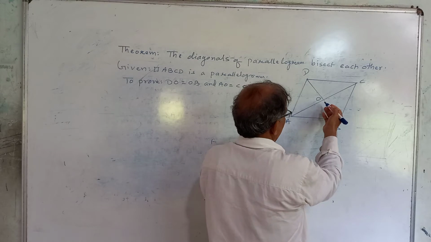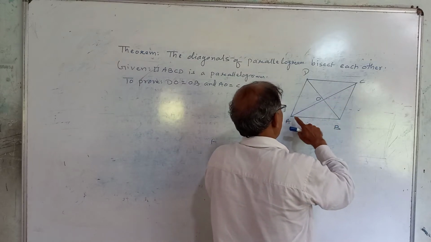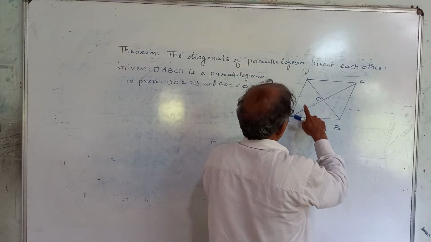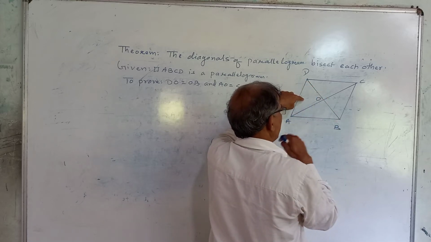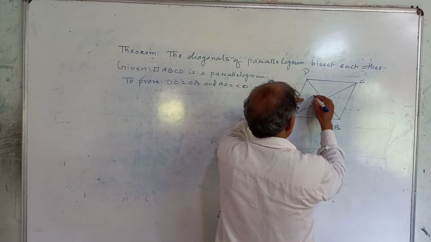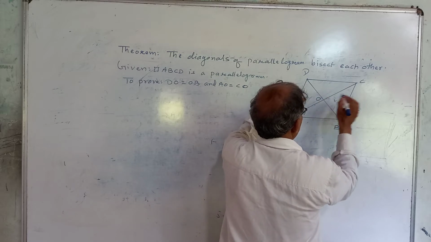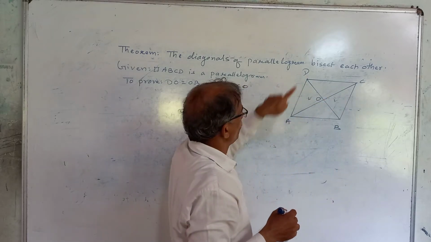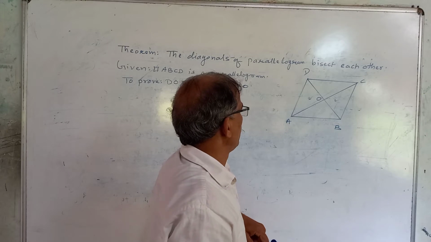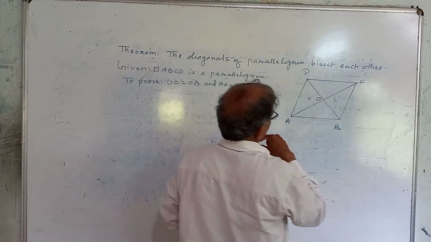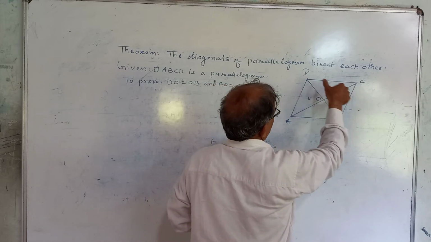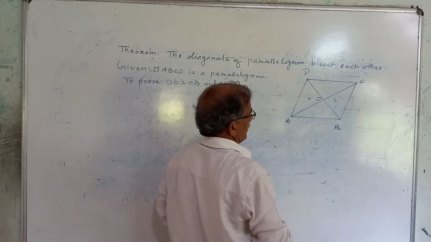If you go to side AO and OC, you can see here this AO is side of triangle AOD, or even you can consider AOB, isn't it? So if we are going to consider triangle AOD and triangle COB, you can have AO side, OC side, DO side and BO side, isn't it?